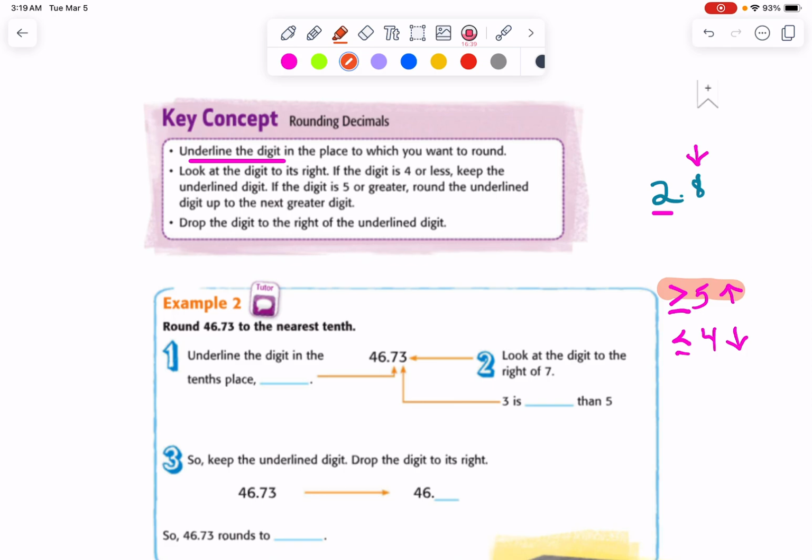If it's 5 or higher, greater than or equal to 5, we round up. Okay? If it's less than or equal to 4, we round down. Right? And then we just drop that last digit after we round. So 2.8, the 8 is 5 or higher, so we round it up to 3, congruent to 3.